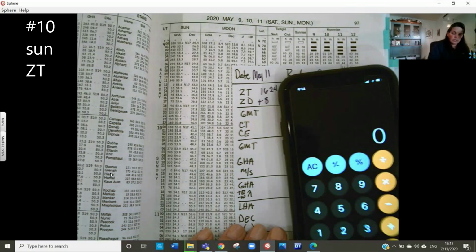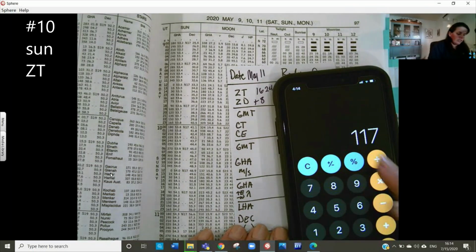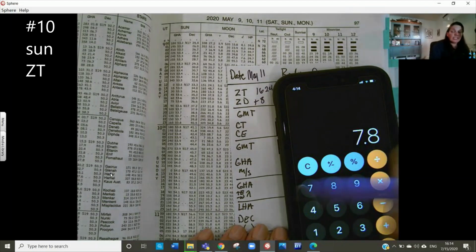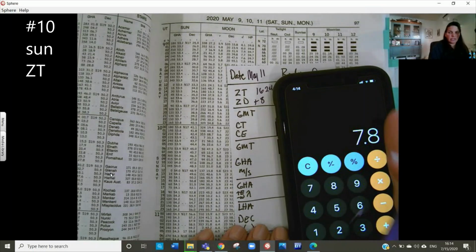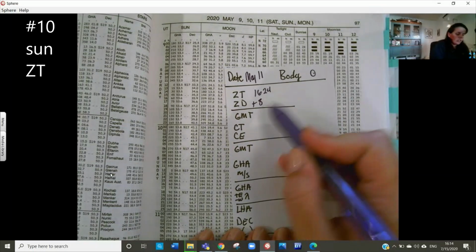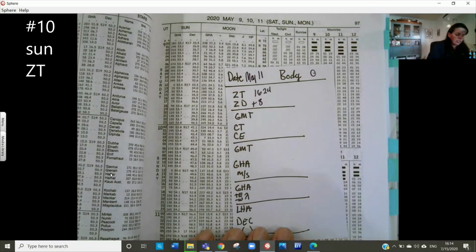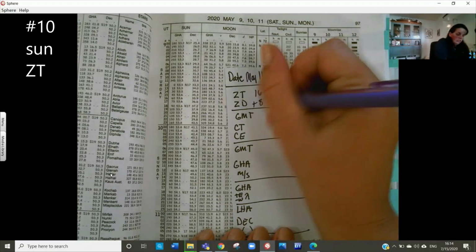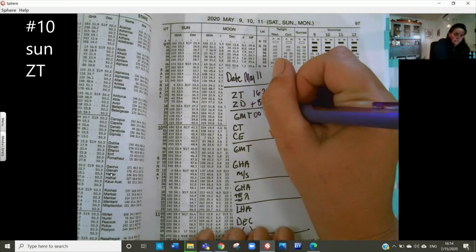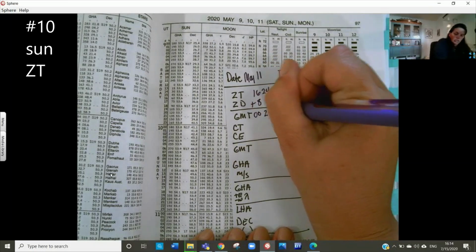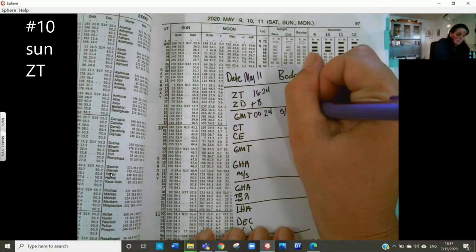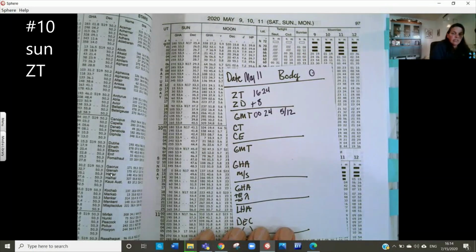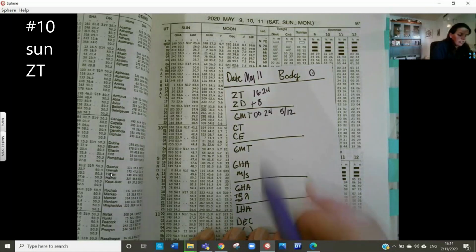So again, that was 117 divided by 15 gives us 7.8, and we always round to the nearest whole number, so that gives us a zone description of +8. So our rough GMT time would be 2400, 24 on the next day, so that would be the 12th. So that would be on May 12th is our GMT time.